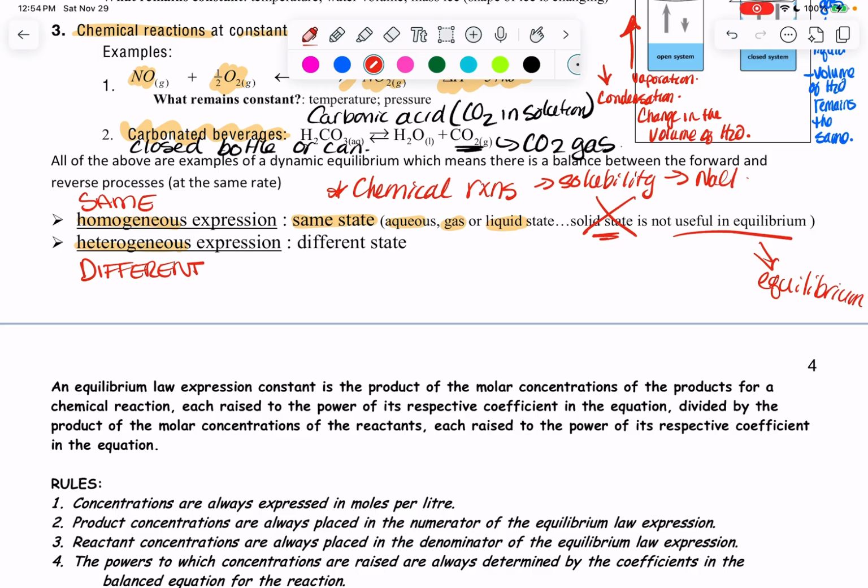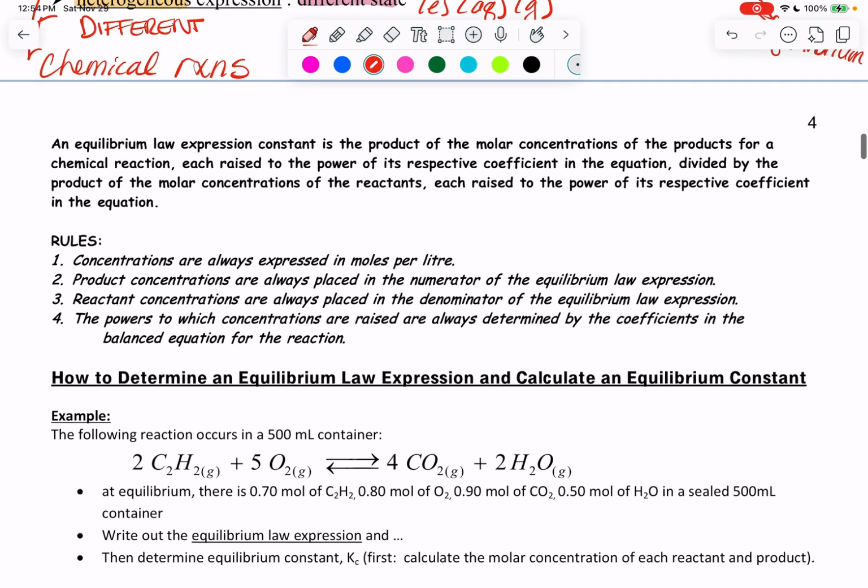So this is only about chemical reactions. Heterogeneous expressions have substances in different states. So you could have a liquid, or something that is aqueous, or something that is gas that reacts. Does that make sense?